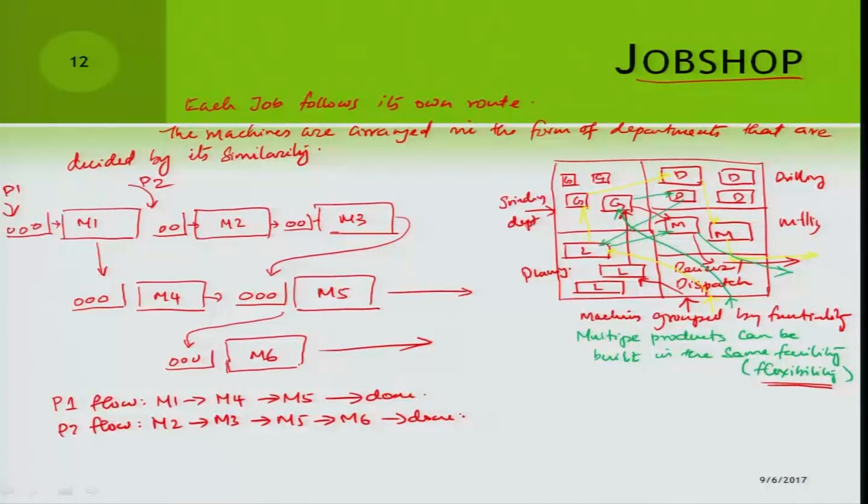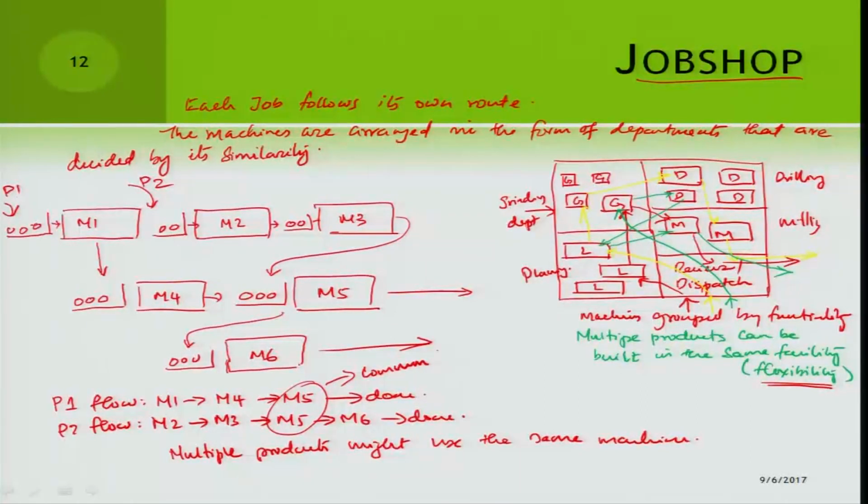So you can see that each job has its own route, and multiple products might use the same machine. An example is M5; both of them use M5. So here is a common machine.